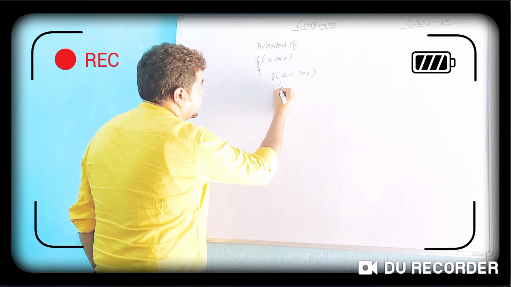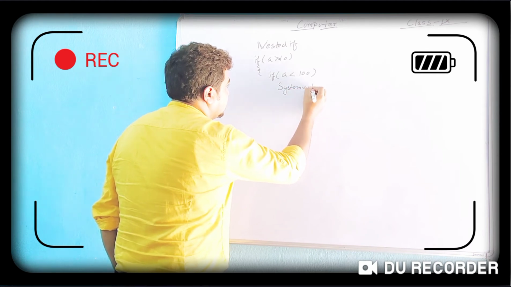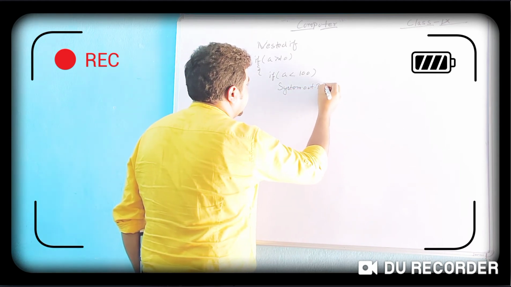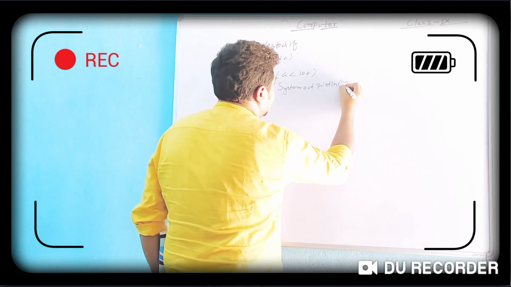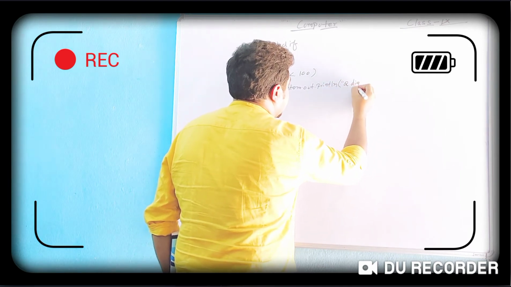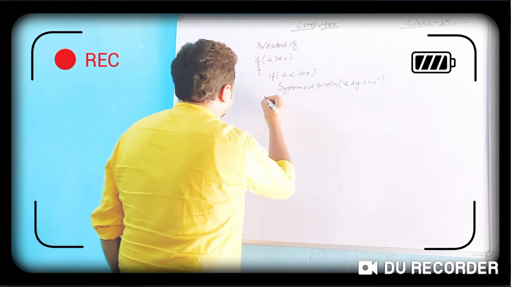So I can write System.out.println 2-digit number. So I am writing like this: 2-digit number.